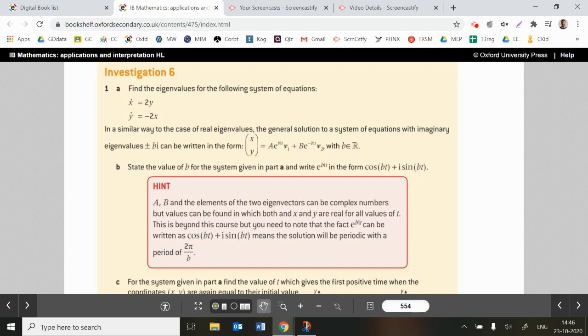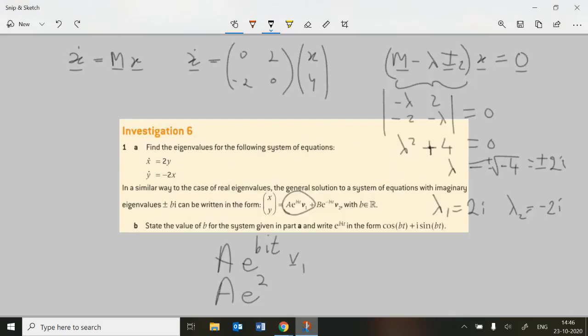But I'm going to try and give you a concrete example here. I think part of the reason why they've stopped at that is because there's a bit of an issue with the eigenvectors now. So if we take this further, I'm going to make a concrete example of this. I'm going to write it in this form. I'm going to come up with a value of a and b and some eigenvectors.